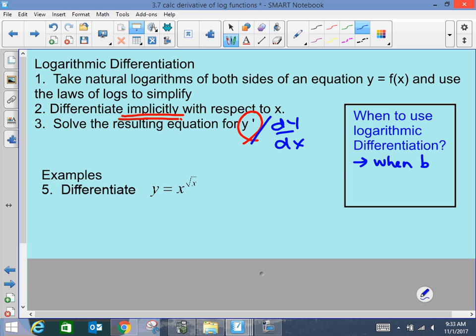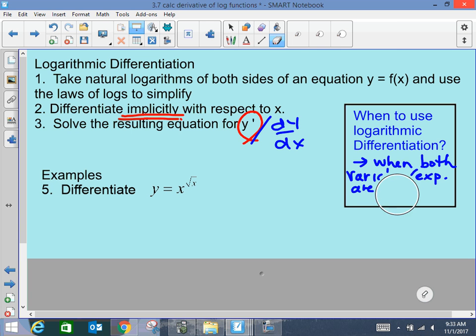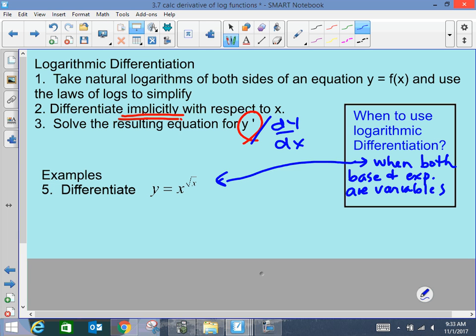When both the base and exponents are variables, like that.